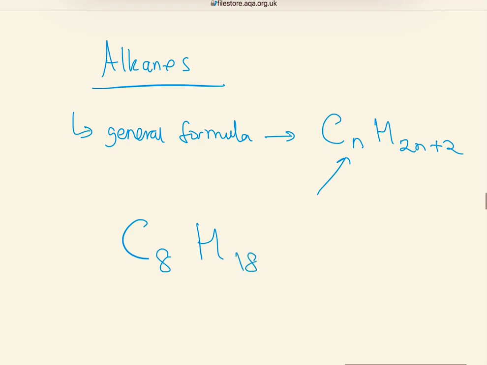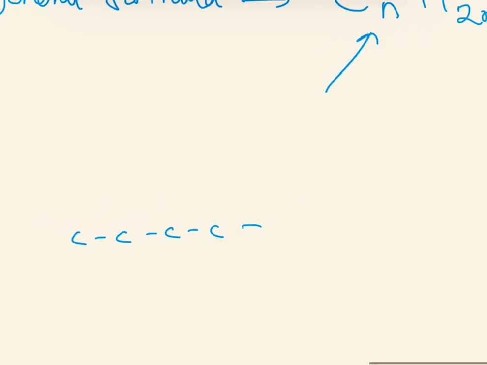Amazing. The reason for that is very, very simple for the visual learners. So if I had 1, 2, 3, 4, 5, 6, 7, 8 carbons, for every carbon there'd be 2 hydrogens. 1, 2, 1, 2, 1, 2.